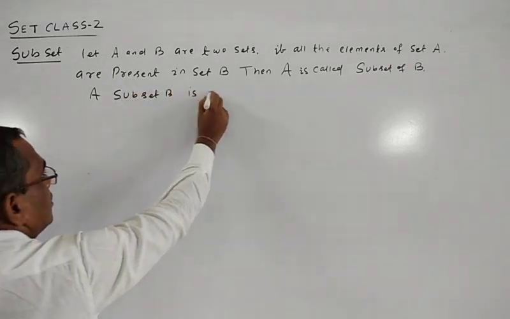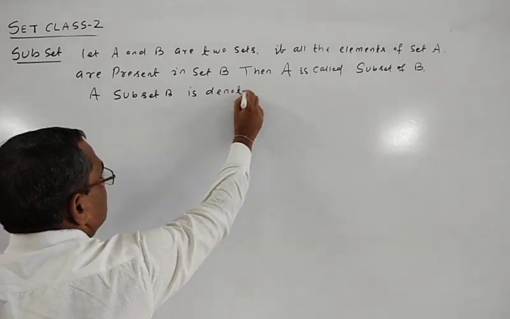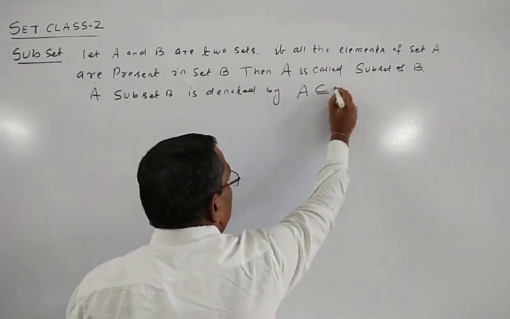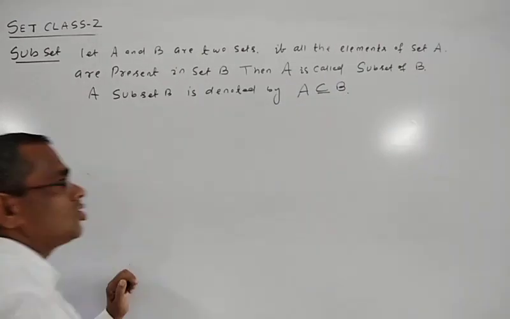A subset of B is denoted by the symbol ⊂. This is the symbol of a subset.